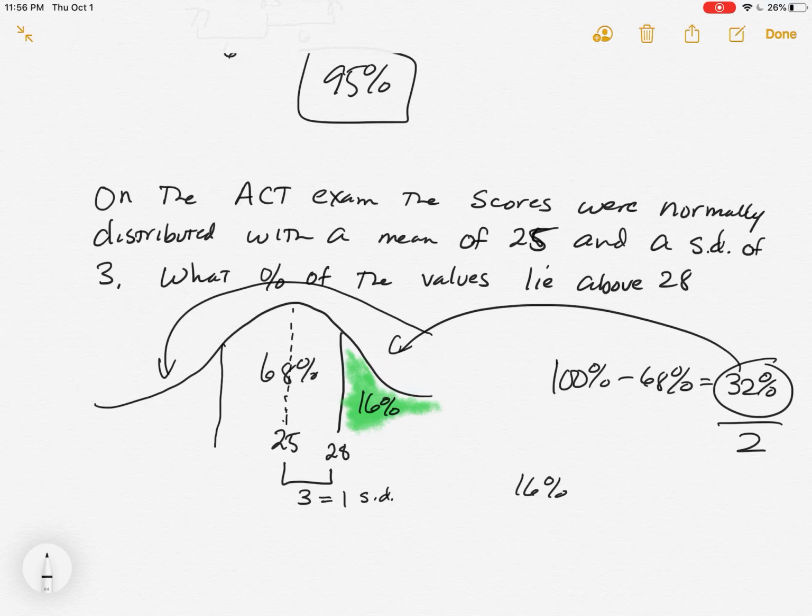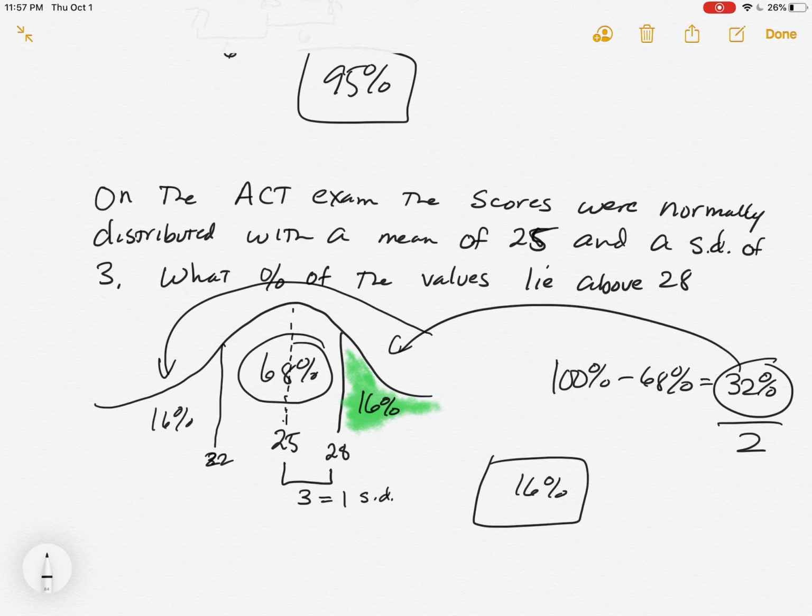Now, why would they pick 31? What if this problem changed? Before I make that change, I hope you're okay with the 16%. So we use the fact that it was 1 standard deviation away, and within 1 standard deviation from the mean is 68%. Because the normal distribution is symmetric, the leftover 32%, half of it would be above 28, the other half would be below 25 or 22.